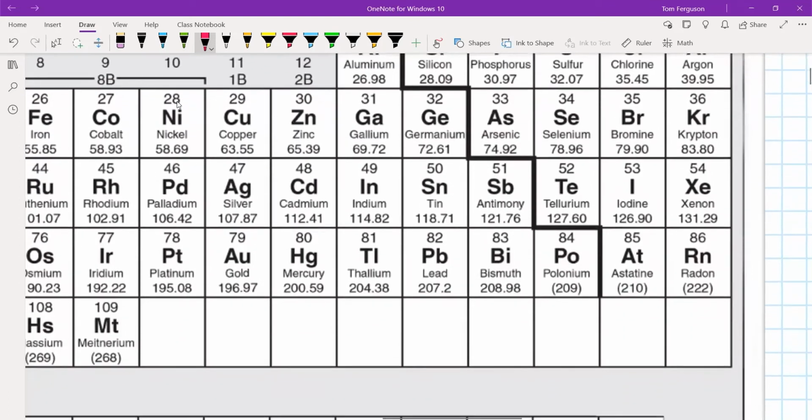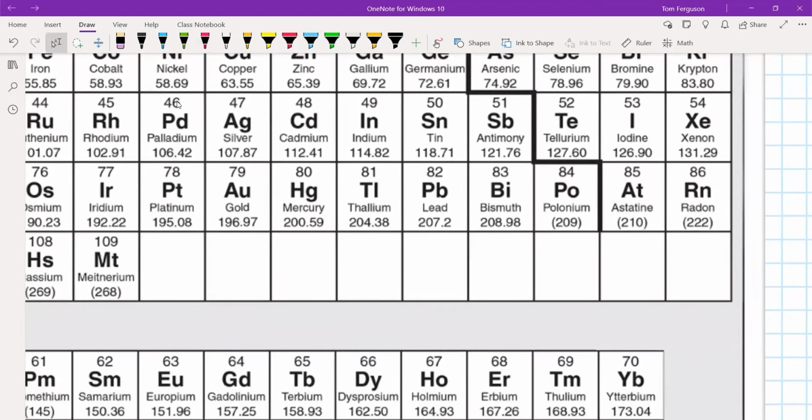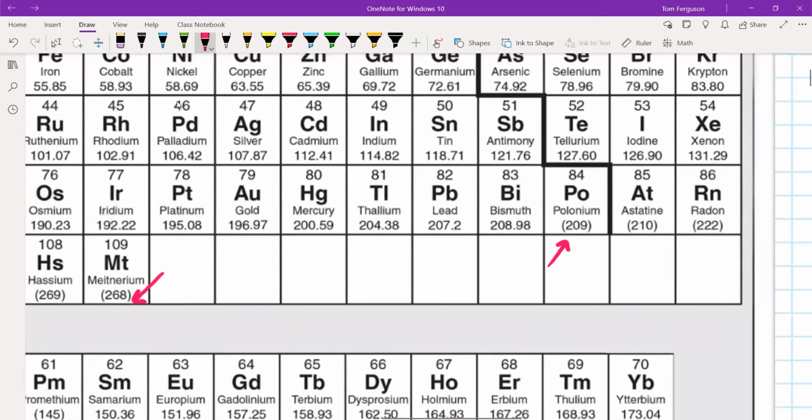Now, I'm going to show you some differences here. Notice these guys. Those aren't decimals. That's because those are particularly stable and they exist only in a particularly stable isotope. The rest of the isotopes are so unstable that they're not around long enough to even count. That's why, one, it's an integer, and two, it's in parentheses.